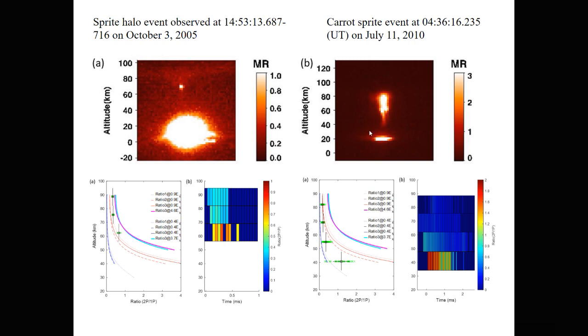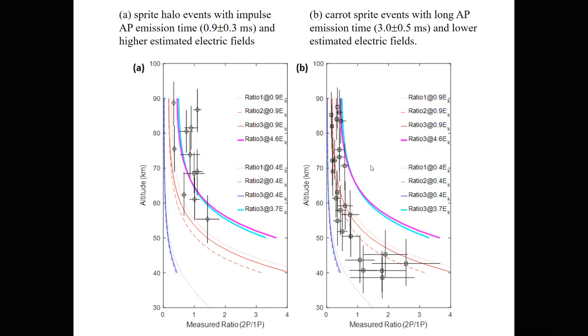But for a kilo sprite, we applied a lower value electric field, derived from the sprite emissions. And we collected more events. We divide them into two types: the sprite halo events have higher electric fields, but the kilo sprites have lower electric fields.